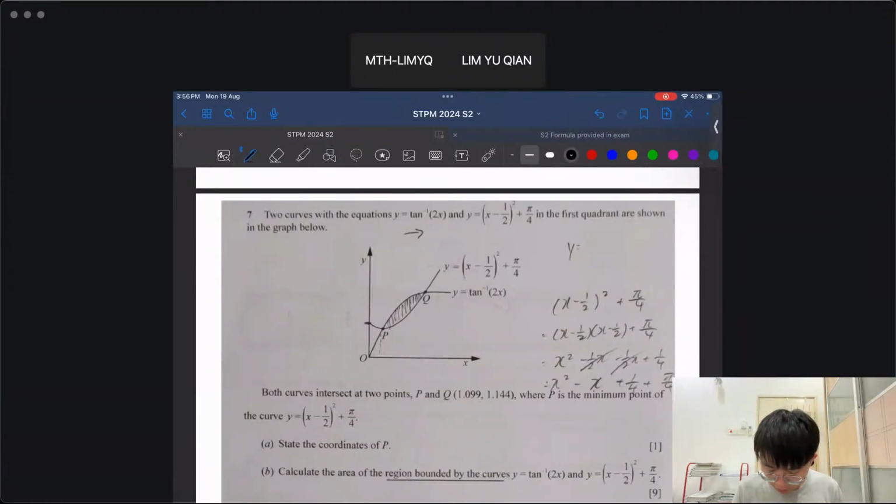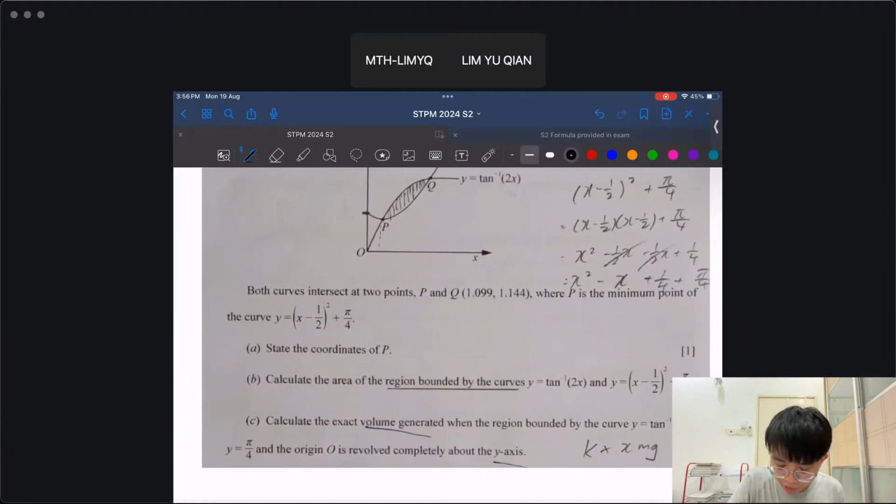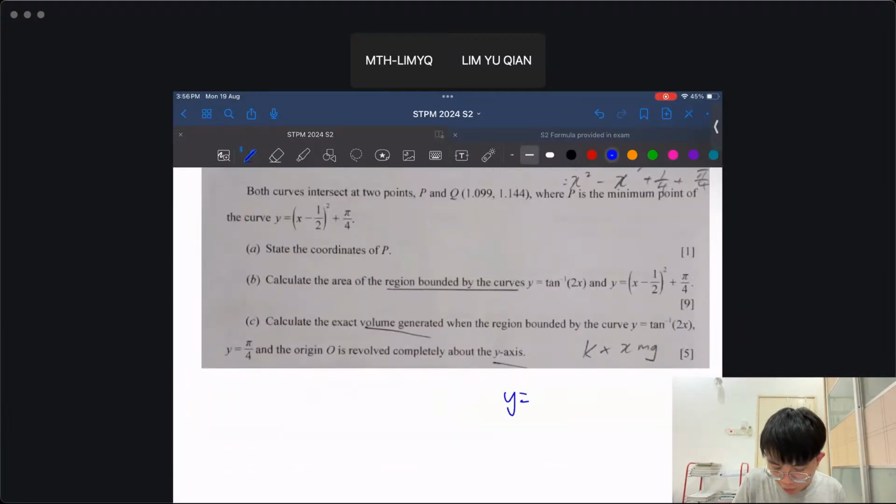Okay, P is the minimum point. So let's write that. This one is just quadratic only. So in quadratic form, y equals a times the quantity x minus h, squared, plus k. You know the minimum point or maximum point depends on whether the a value is positive or negative. This is an STPM topic already.